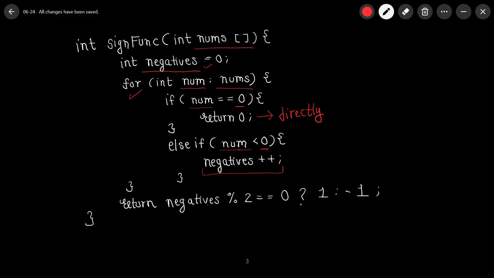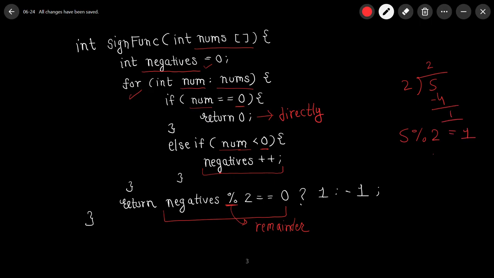At the end, as I told you, we check whether the number of negatives is even. Modulus is used to give the remainder. So suppose 5 modulus 2, it means if we divide 5 by 2, we would get 1 as remainder, so it would return 1.